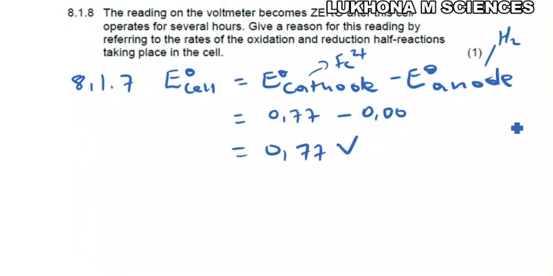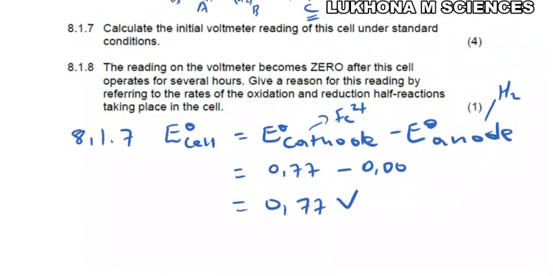Now they say the reading on the voltmeter becomes 0 after this cell operates for several hours. Give a reason for this reading by referring to the rate of oxidation and reduction. So this question is very simple. Once the EMF becomes 0, once the reading on the voltmeter is equal to 0, then the reactions there reach what?